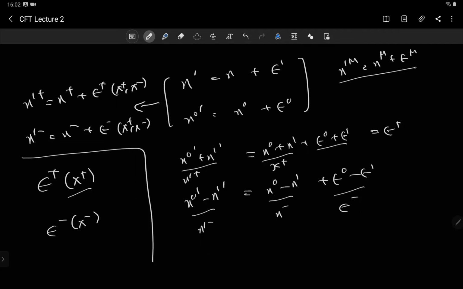So a general transformation of this type is a function of both x and x0. But what we saw is that if you want to solve the conformal Killing vector equation, then the solution is that epsilon plus is not a function of x minus, and epsilon minus is not a function of x plus. So any transformation of this type, where this is only a function of x plus and that is only a function of x minus, is a conformal transformation in 2 dimensions.